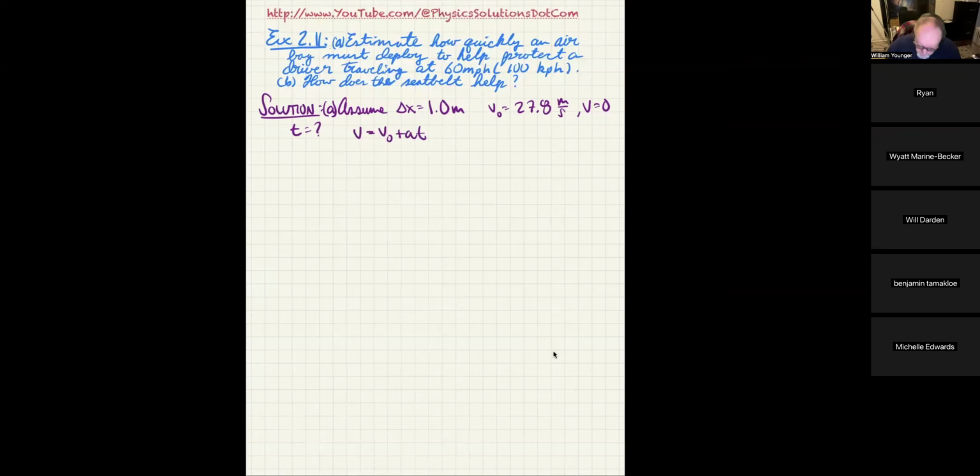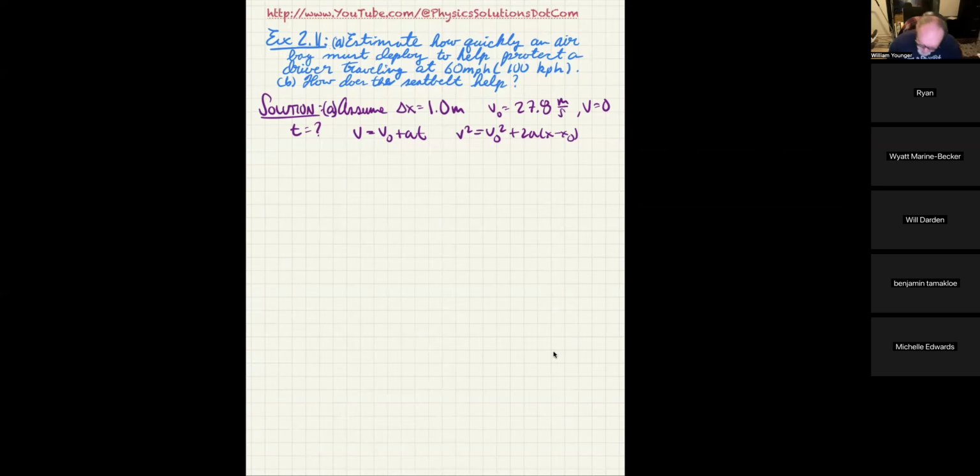But I could use V squared equals V0 squared plus 2a times x minus x0. I could use that, putting in the x minus x0 as 1 meter, putting the final velocity as 0, putting the initial velocity as 27.8, and use that to solve for the acceleration. Then I could take that acceleration and plug it in the first equation, and that would give me the time.